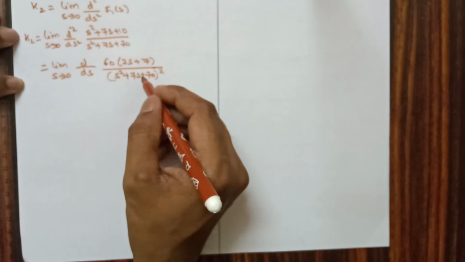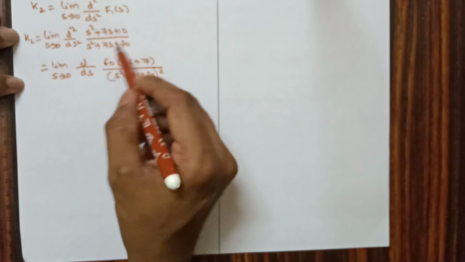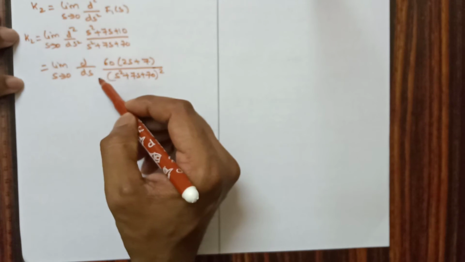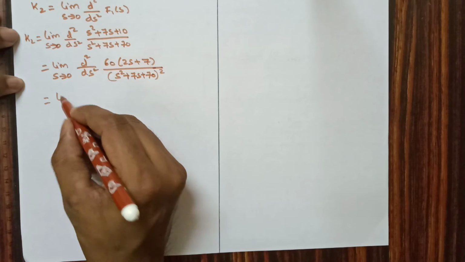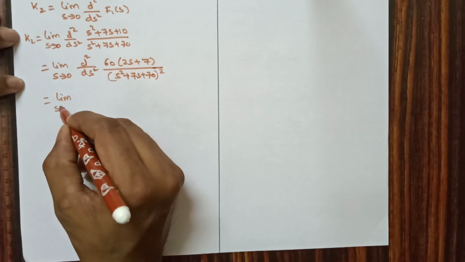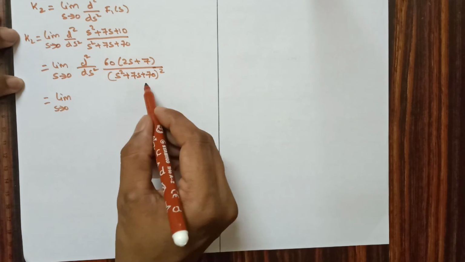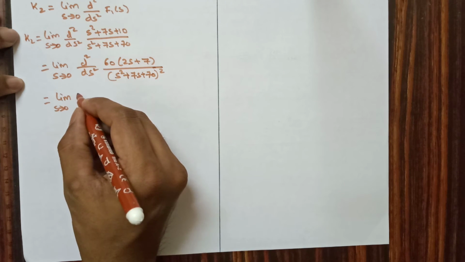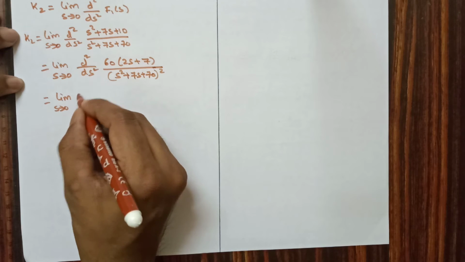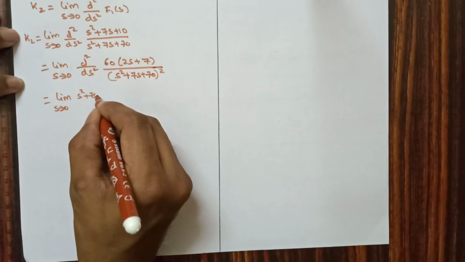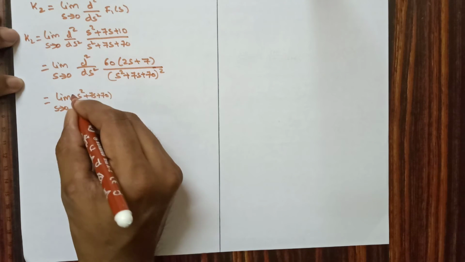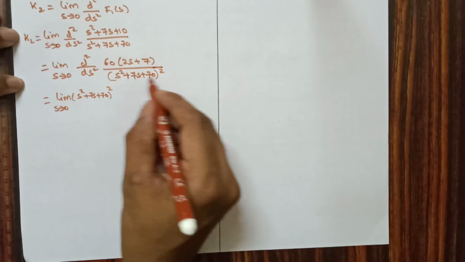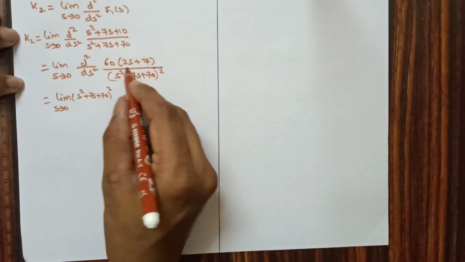This is what we got by differentiating this term. Now we need to differentiate this again, limit s tends to 0. Now again it is in u by v form. This v constant, s square plus 7s plus 70, differentiate u.